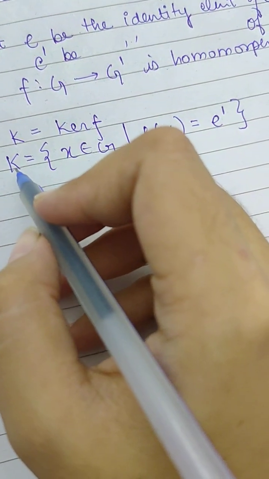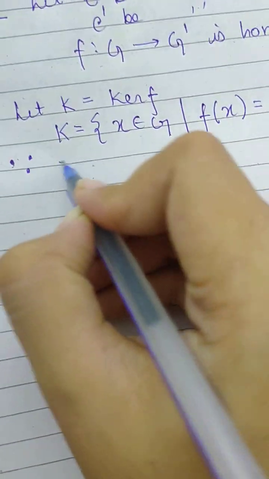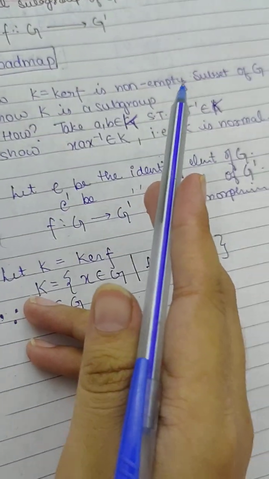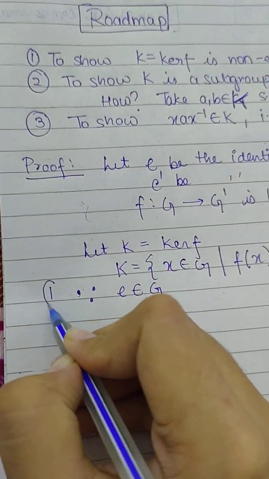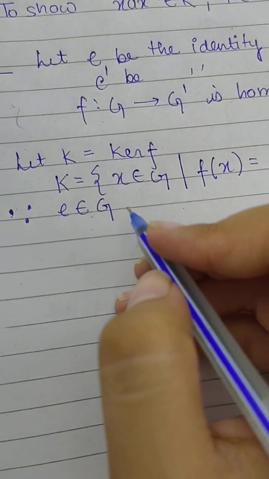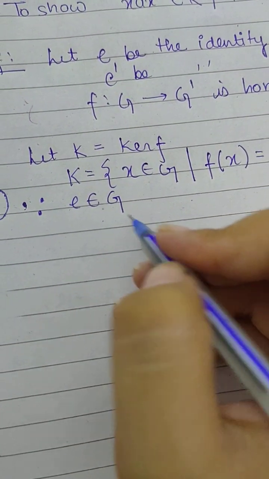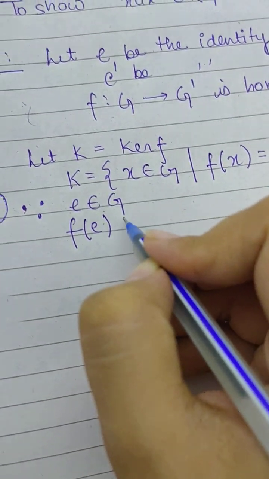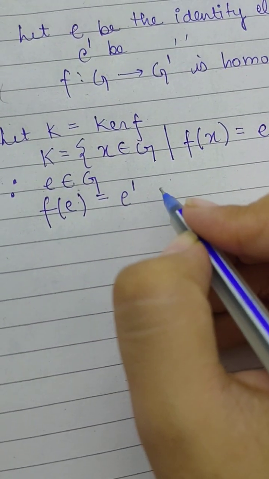Okay, now since e belongs to G, we are doing the first step. We are showing that K is a non-empty subset of G. So since e belongs to G, f of e will definitely map to e dash of G dash.